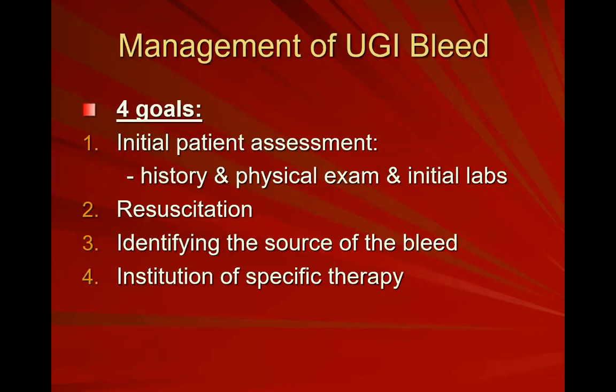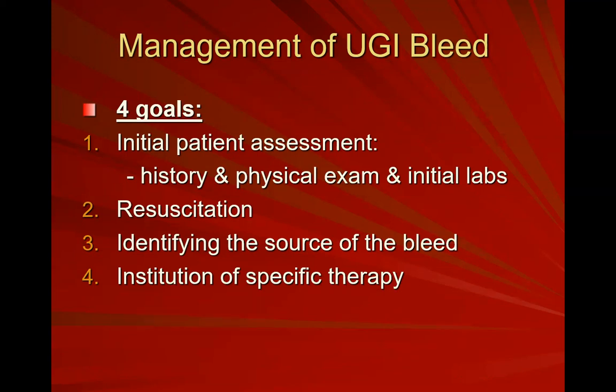Next, which is the last concept of the presentation, is the basics of the management of upper GI bleeding. We consider upper GI bleeding a medical emergency, so it's like an ABC. First, we need to check the vital signs of the patient. If the patient is hypotensive, going into shock, we have to save the patient first.